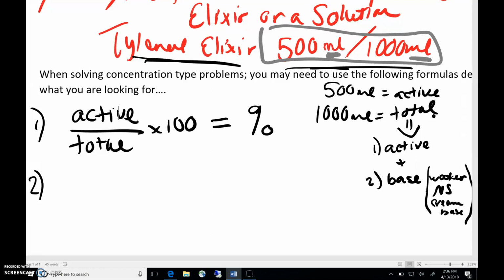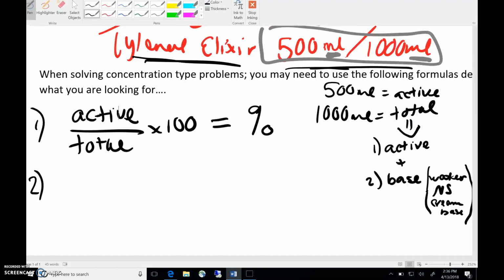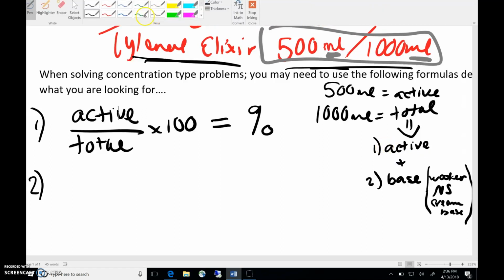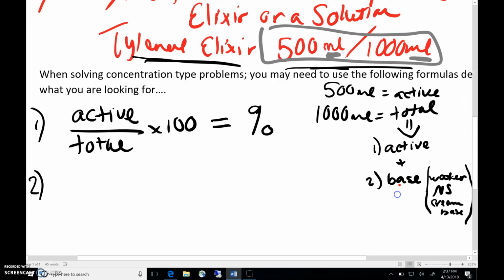So what you need to remember is that your total consists of two components, your active and your base.